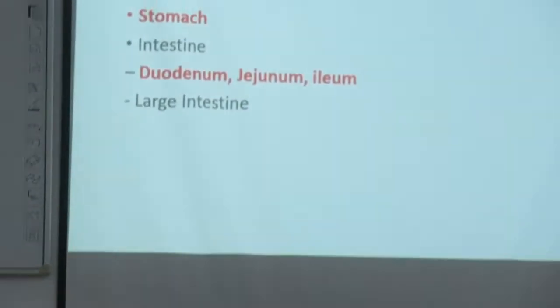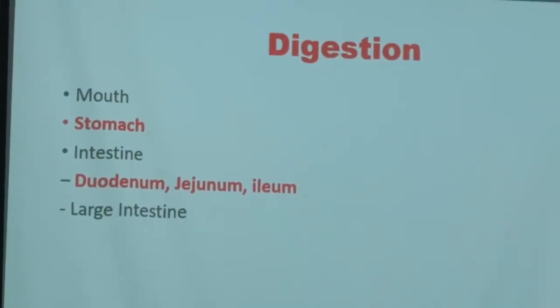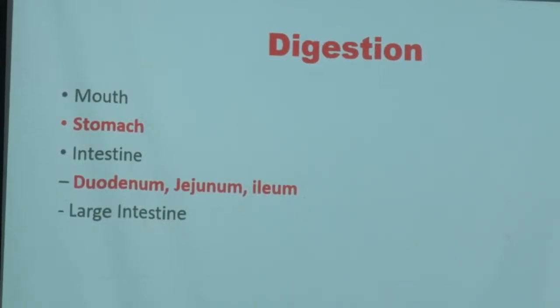Some parts which are not reabsorbed or undigested get excreted with the stool. Next slide. So digestion starts right from the mouth, then stomach, intestine. It is mainly in the duodenum and jejunum. And the large intestine has a role, but that is for absorption of water only.